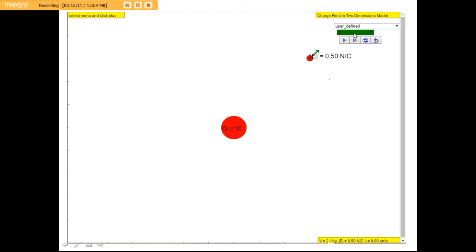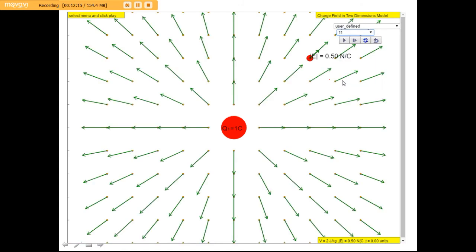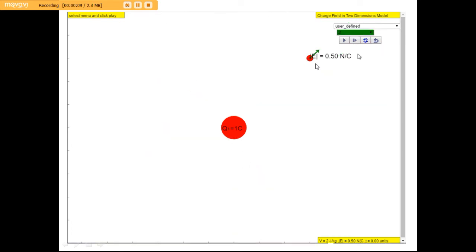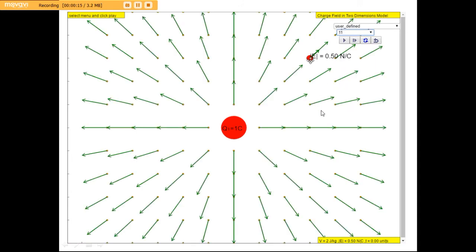Now consider the field due to two point charges. Suppose this is a point, and let me take another value.